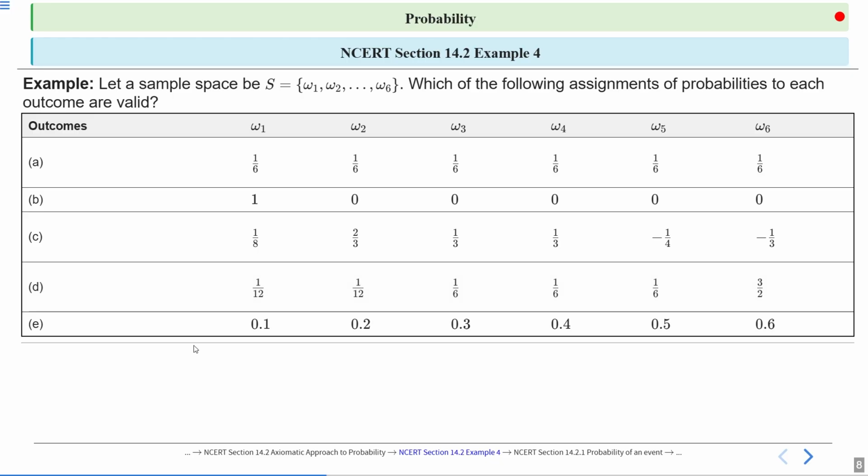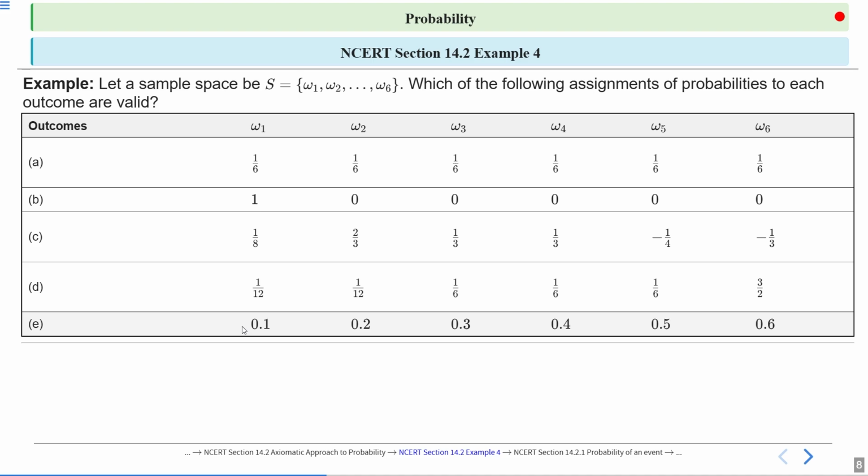So students, first of all, think about this example. How would you approach this example? You have 10 seconds to think about it. Let's try to find which of the following assignments of probabilities to each outcome are valid, and which of the following assignments are not valid. So let's check.